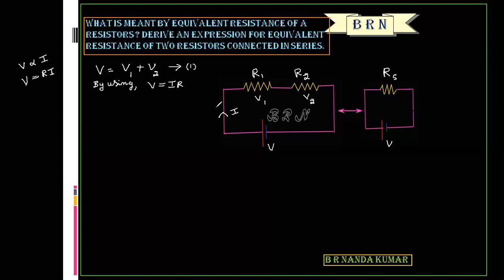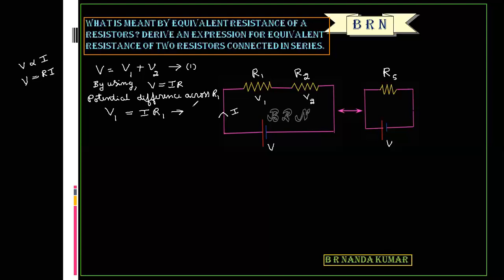So what is the potential difference across R1? Potential difference across R1 is V1 is equal to I into R1.